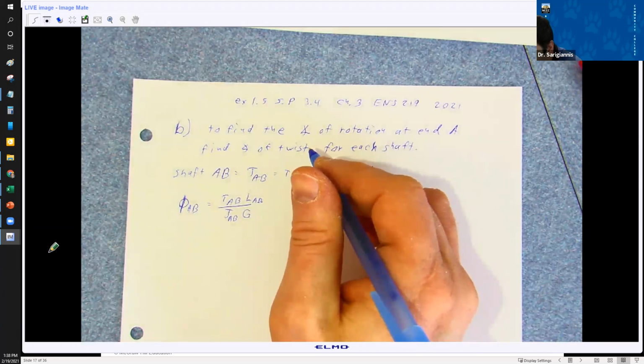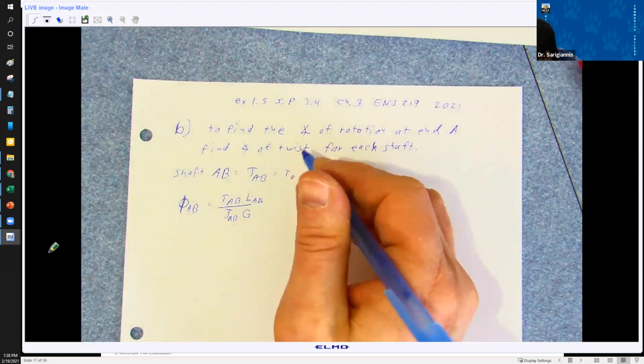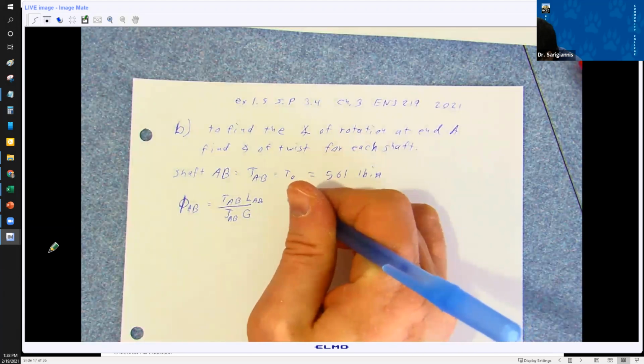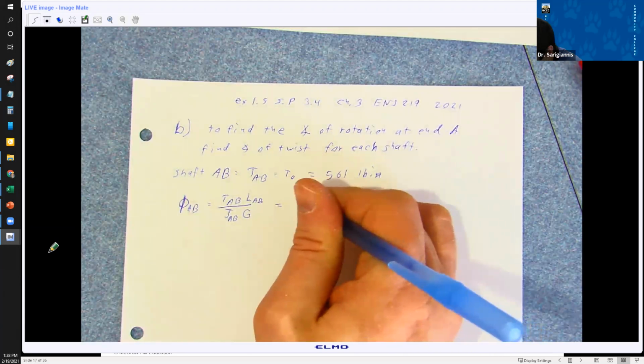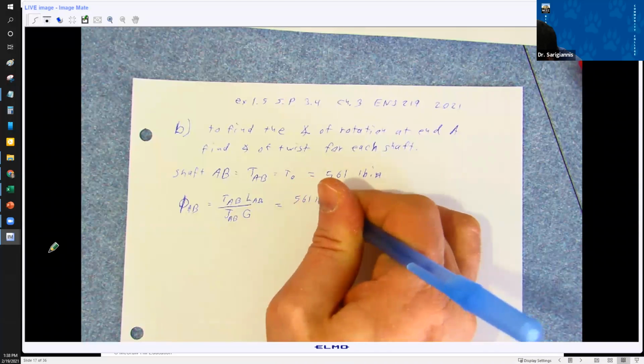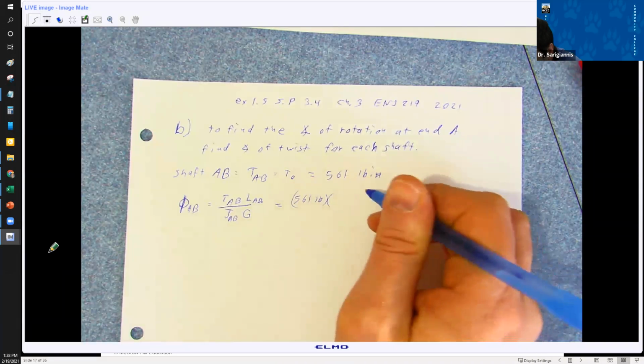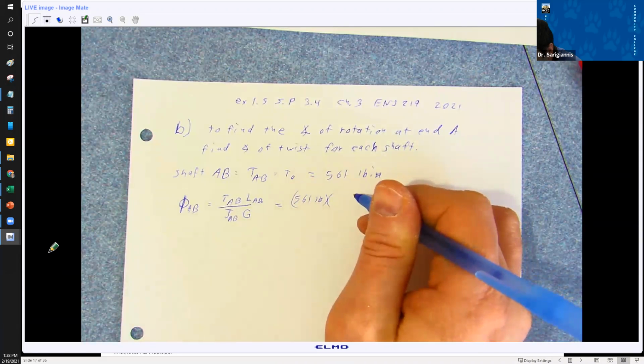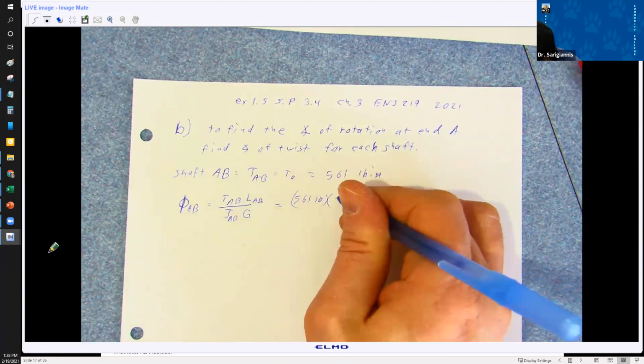So what are we doing here? We're going to find the angle of this. It's 561, 24 inches.